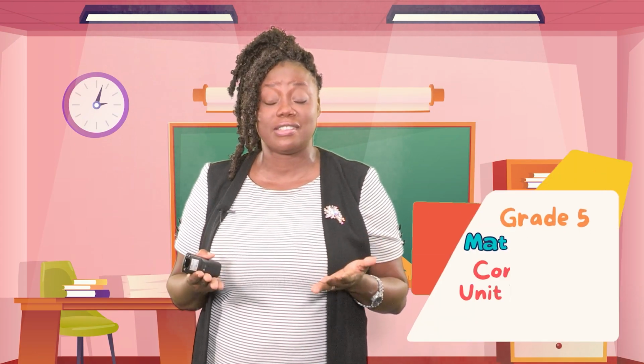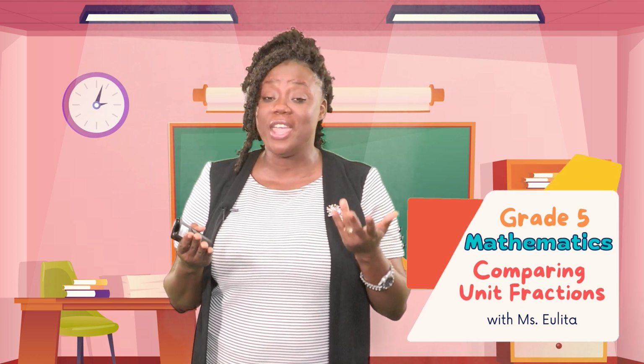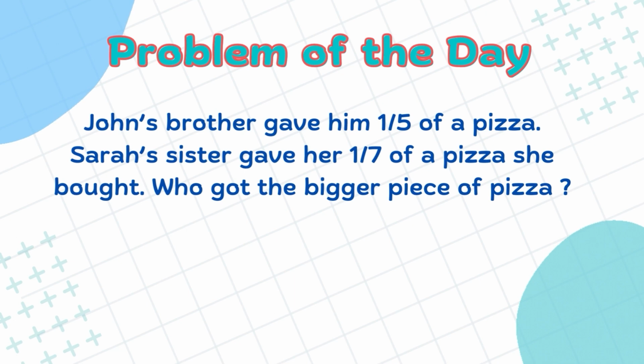You should be finished by now, my little problem solvers. I am so excited to see who you think got the bigger piece. Let's look at the fractions, 1/5 and 1/7. Let's look at the denominators, 5 and 7.